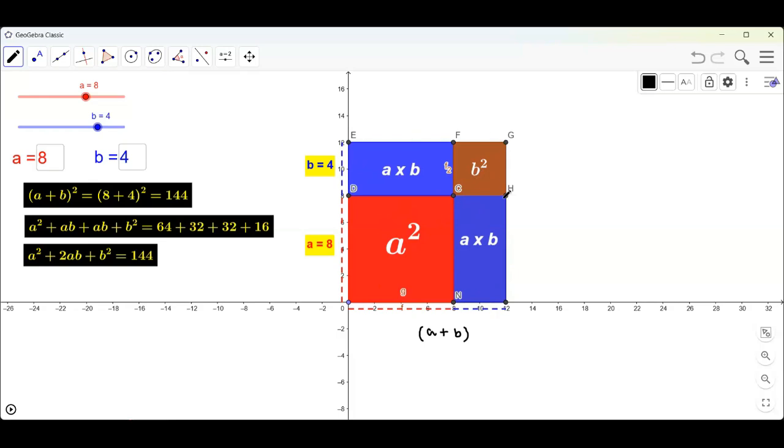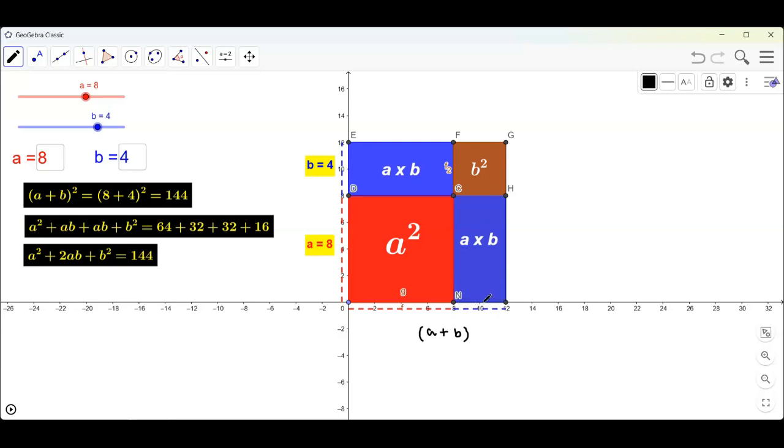If we want to find the area of the big square, it is the area of two small squares plus two rectangles. The area of one square is 8 square, the other square is b square, and we have taken b as 4, so 4 square.